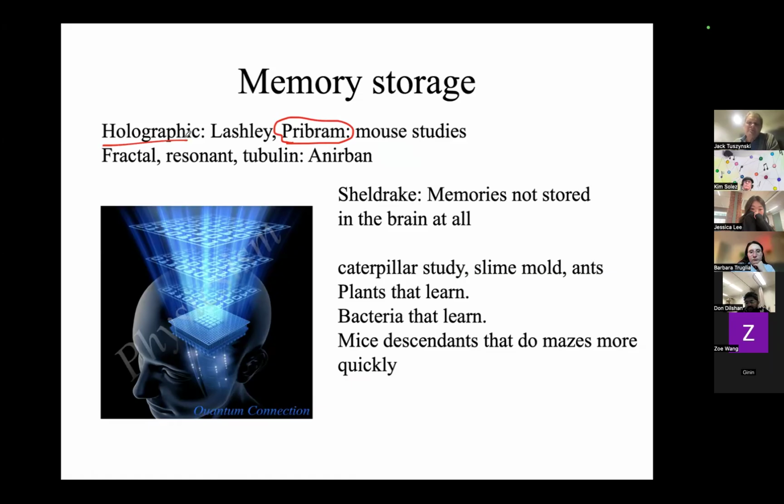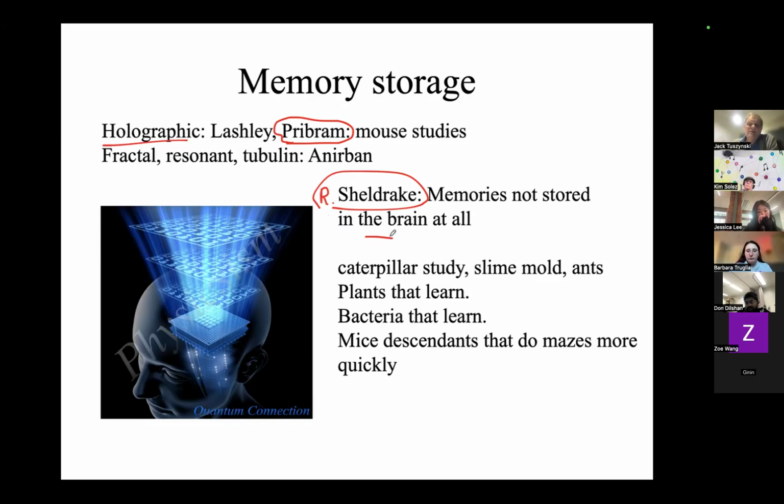Rupert Sheldrake, who is a popular science writer, some of you might have read his books, and his YouTube videos you can find quite interesting. This is far out. He's claiming that memories are not even stored in the brain at all, but they exist in some form of ether or aura or field, a memory field.